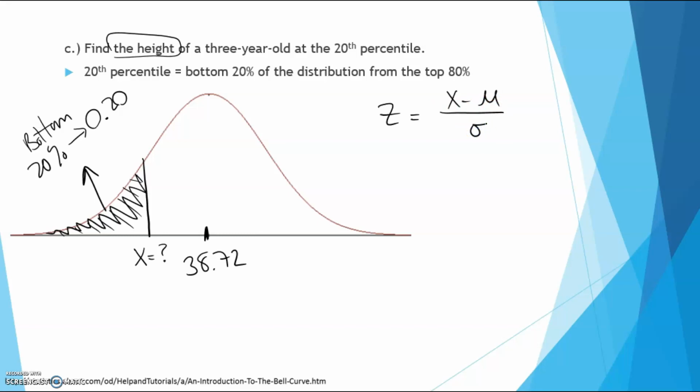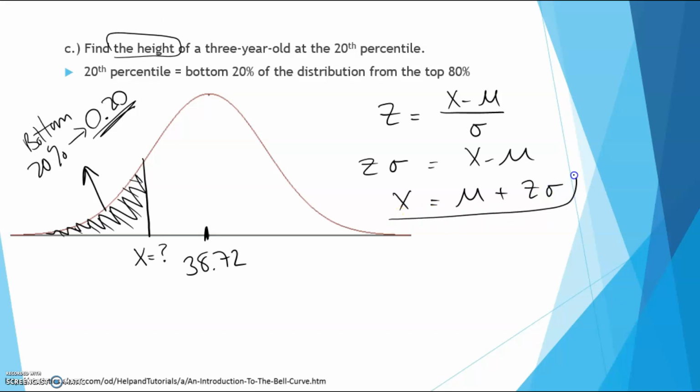Notice I can find a z-score because they gave me an area. What I don't know is my x value. So if I move my standard deviation over to the other side, then I have x minus mu. If I add my mu to both sides, I get x is equal to mu plus z times sigma. This formula will be given to you on the formula sheet, so you don't have to memorize that.